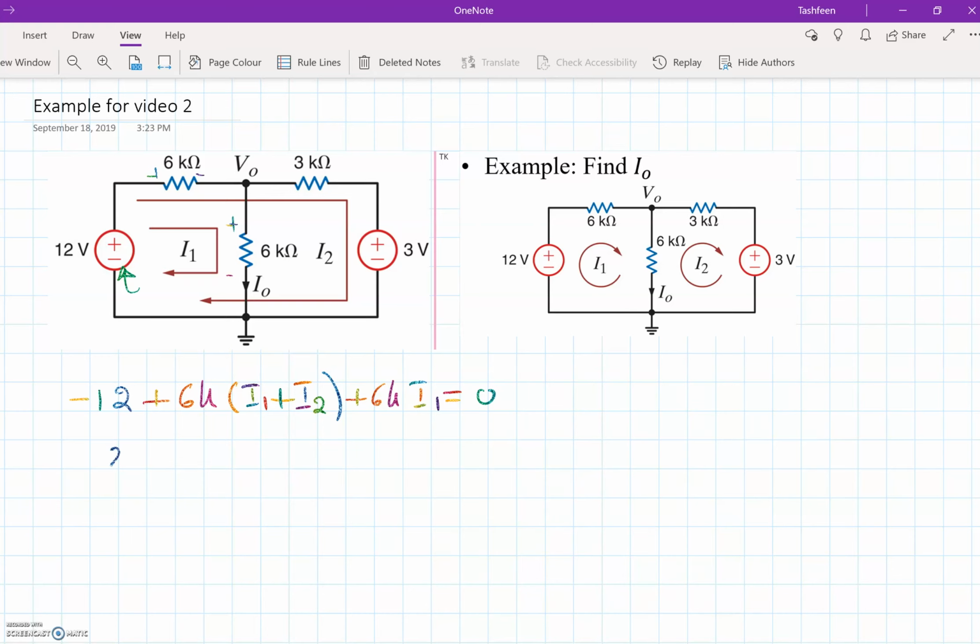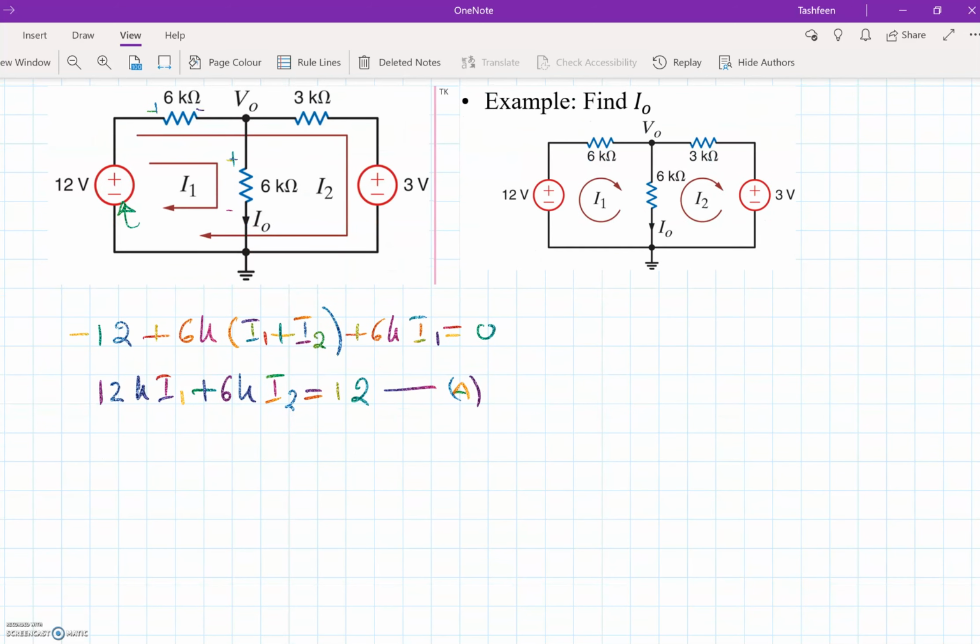When I simplify everything, I bring I1 to the left side and I2 to the right. It will be 12k I1 plus 6k I2, and this is equal to 12. Okay, so this is one of my equations that will help me solve for the unknowns.